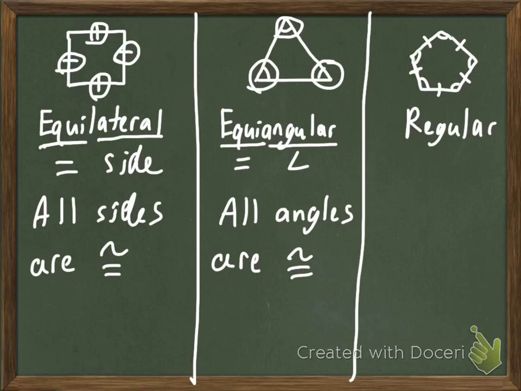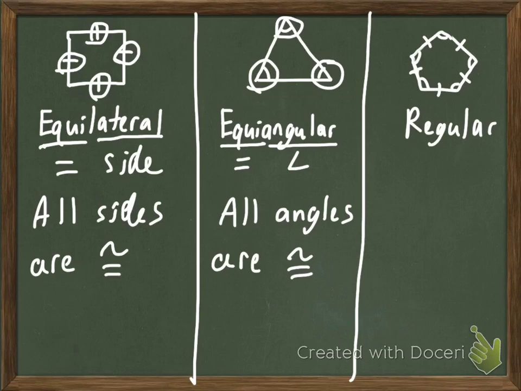And finally, regular. Now there's nothing really in the words here for us to break down. But if you look, the picture looks kind of like a combination of the first two. Looks like all its sides are congruent. Looks like all its angles are congruent. And that's what makes it regular.